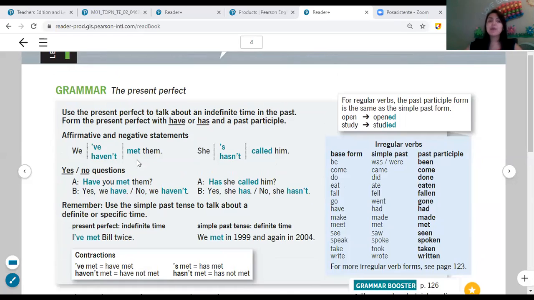Affirmative and negative, we have met, we haven't met. She has called him, she hasn't called him. So remember that with the present perfect, we talk about an indefinite time in the past, a time that is not specific. But with the simple past, we are talking about a specific time.